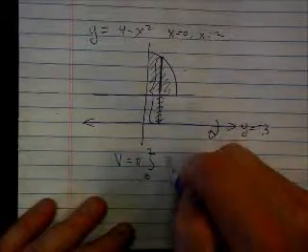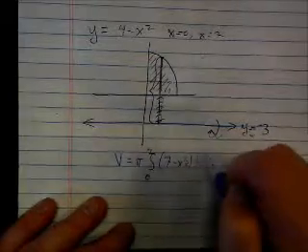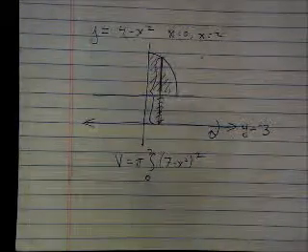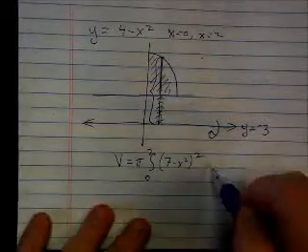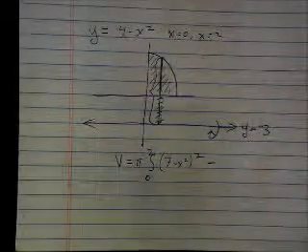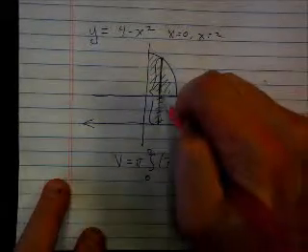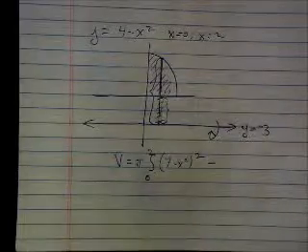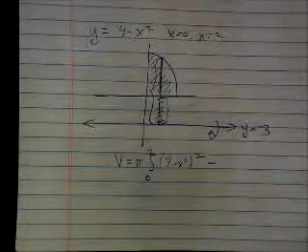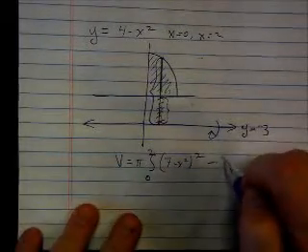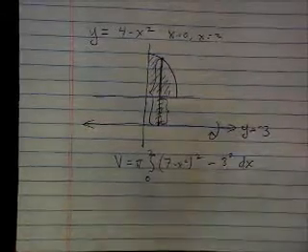So that's going to be 7 minus x squared, minus, now I need to cut off this distance. I don't want that much. How long is that? That's just 3 squared dx.